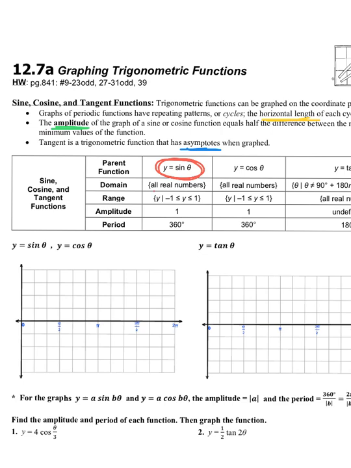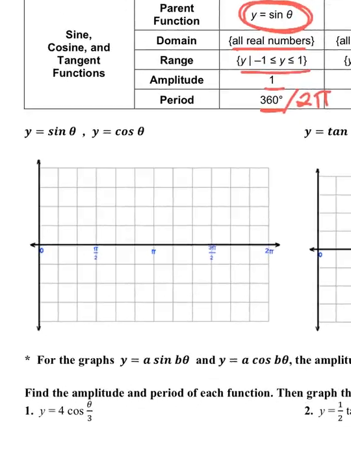The domain is all real numbers, and the range is from -1 to 1, because that's the highest and lowest value that sine can be. The amplitude is going to be 1, and I'll show you that when we graph it. The period is 360 degrees if we were doing degrees, but in radians, that's 2 pi.